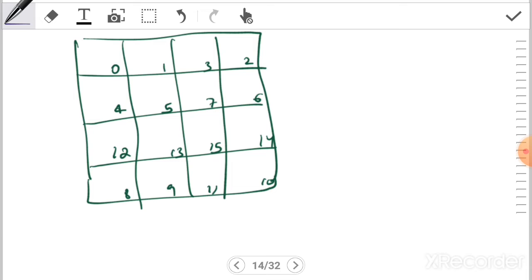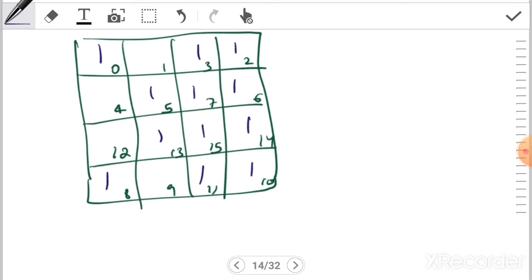So we have 1 here, 2, 3, 5, 6, 7, 8, 10, 11, 13, 14, 15.